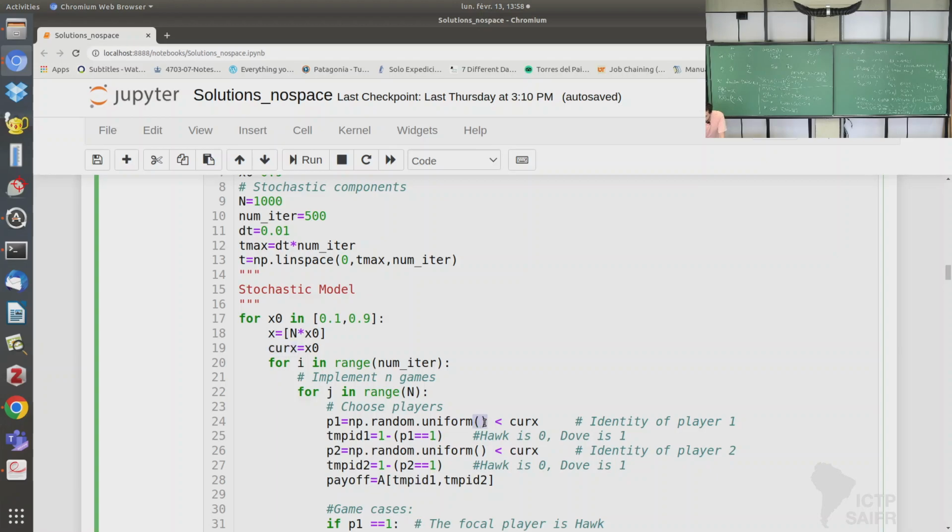Therefore, the probability of drawing a hawk, in this case P1, is going to be the condition of having a random number, and here you need to look up on Google, for your programming language, how you draw a random number from 0 to 1. In Python, it's numpy.random.uniform, and it draws something from 0 to 1, less than the probability.